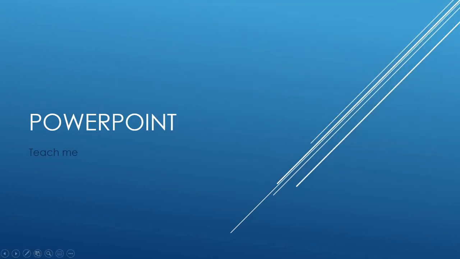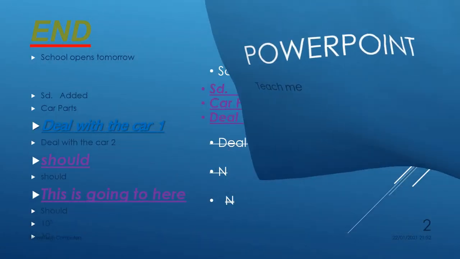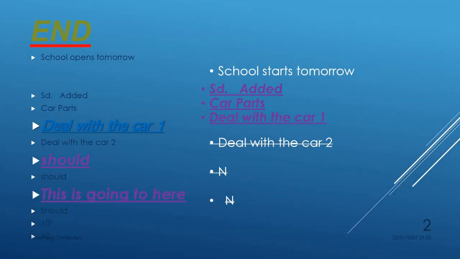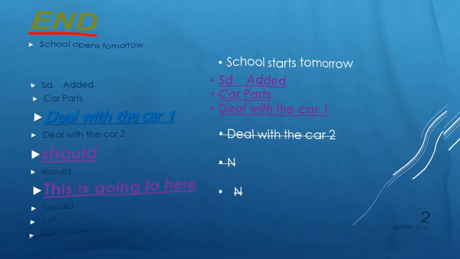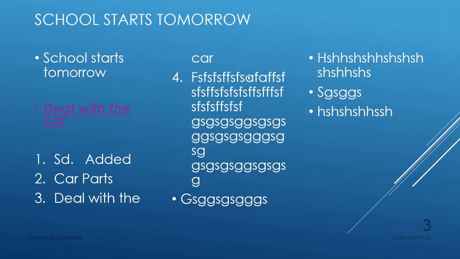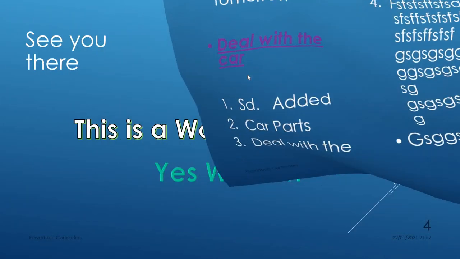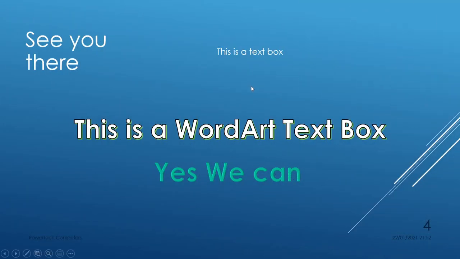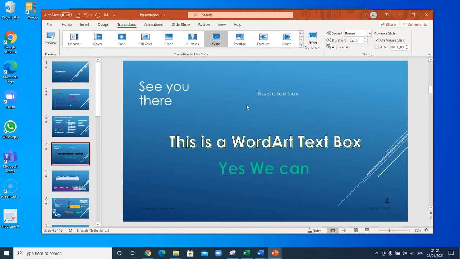If I want to go to slide 2, I will click the mouse, and it goes to slide 2, and then I can click the mouse again and go to slide 3. That's how you do it. If I want to exit the show without finishing it, I will right click and say end show, and then I can come back here.